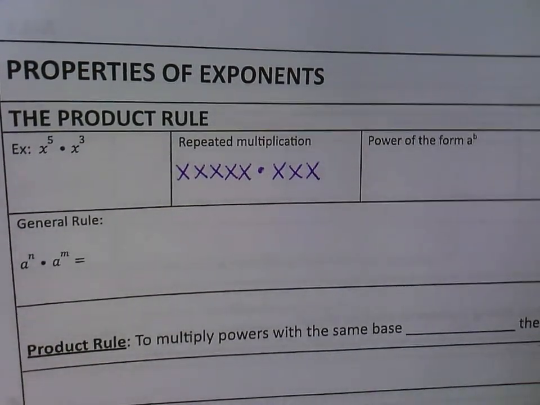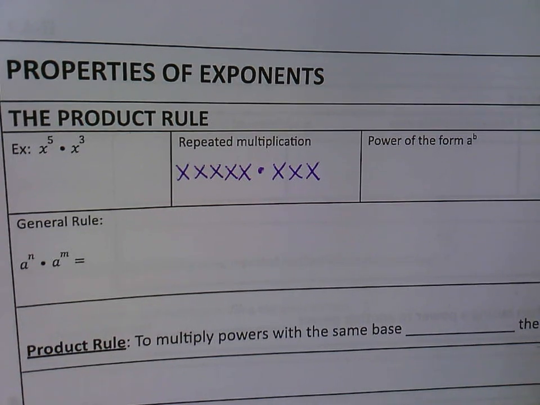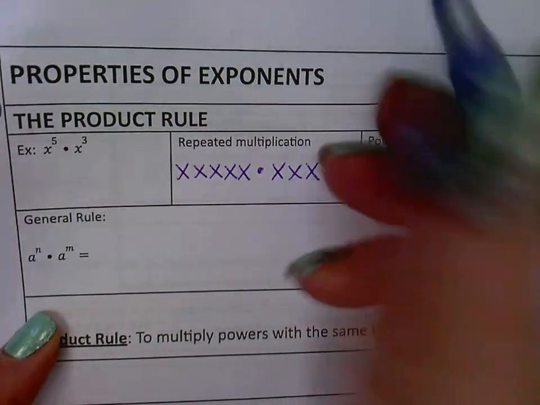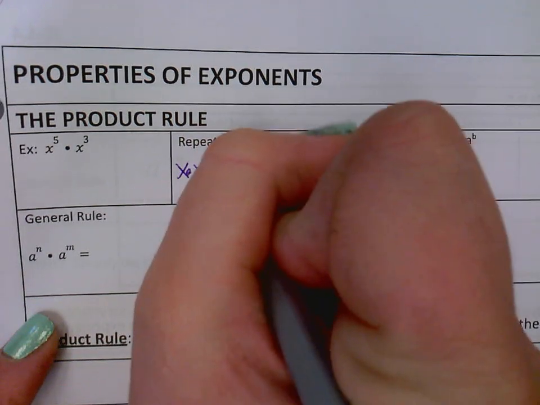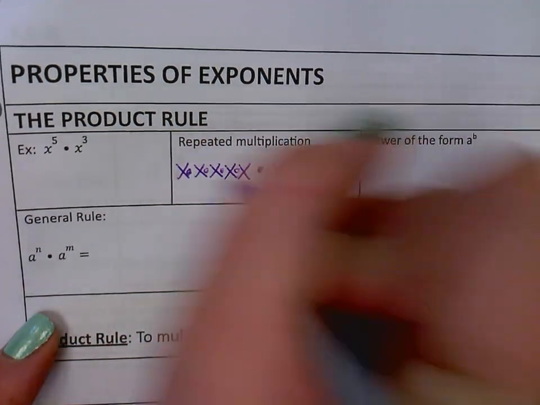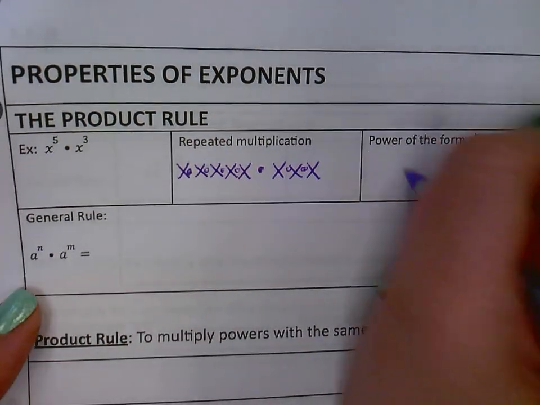So see how you can just write out the problem with all the x's? X to the 5th just means x times x times x times x times x. How many x's are now being multiplied all together? Just because I put a dot here for multiplication, I could actually put a dot in between each and every x, right? I'm just multiplying the x's together. That's x to the 8th power.